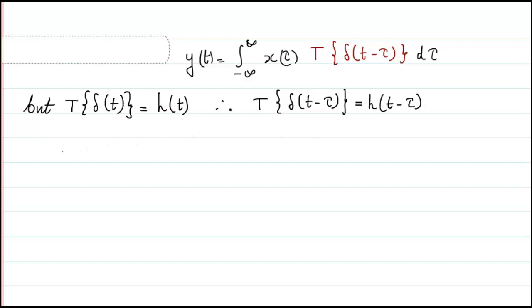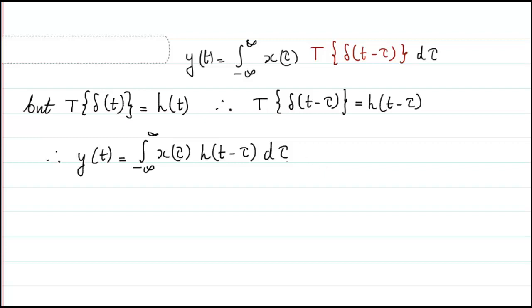So y of t now changes to the integral from minus infinity to infinity of x of tau, and instead of the transformation of delta t minus tau, I will write the impulse response h of t minus tau d tau.